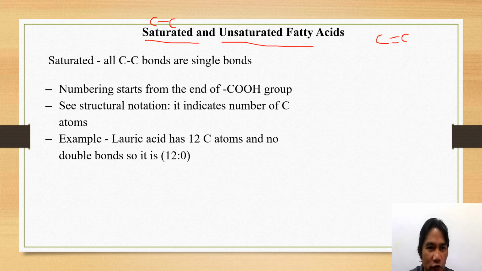So saturated means all carbons are single bonds. And to number the carbon, numbering starts from the end of the carboxyl group. Say for example, we have here 2.